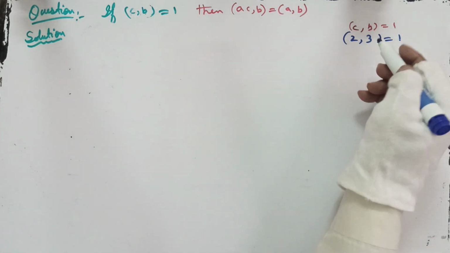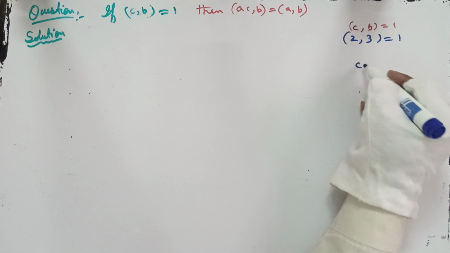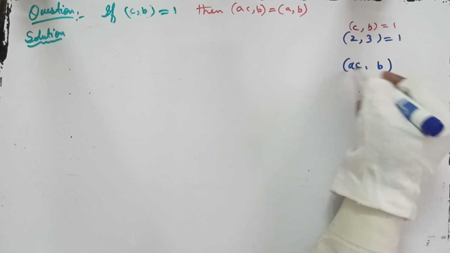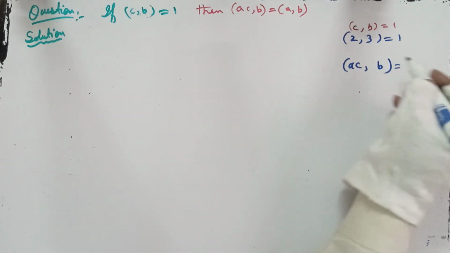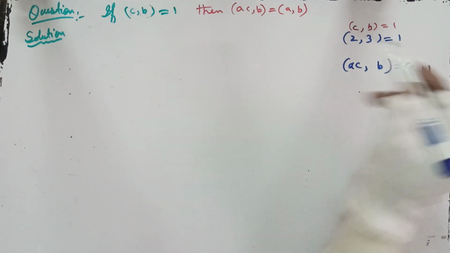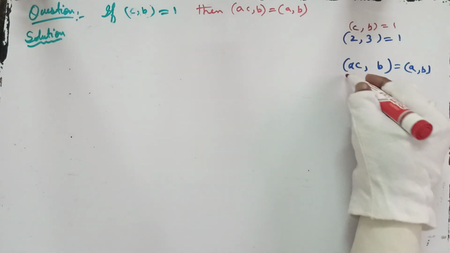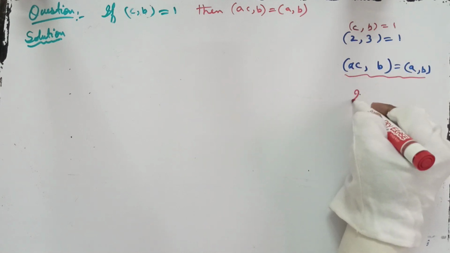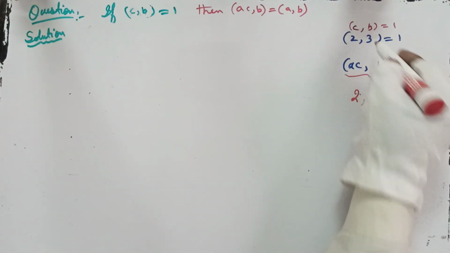Now we have to prove that when we multiply this number C with any number A, then the GCD of this number and B is the same. I explain with an example. Here 2 and 3. I consider C and B as 2 and 3.